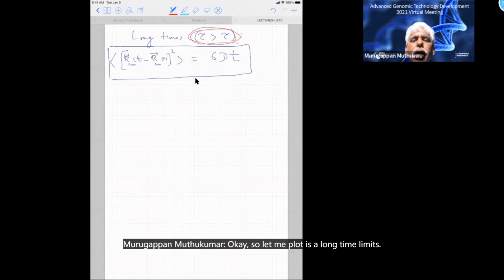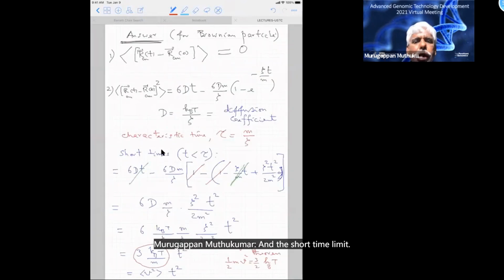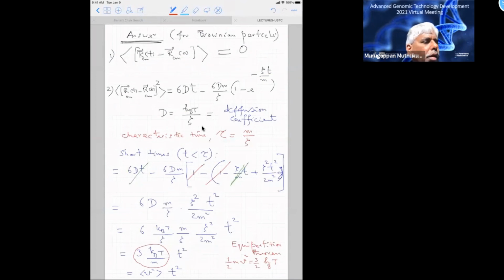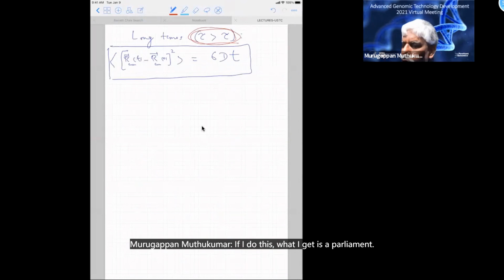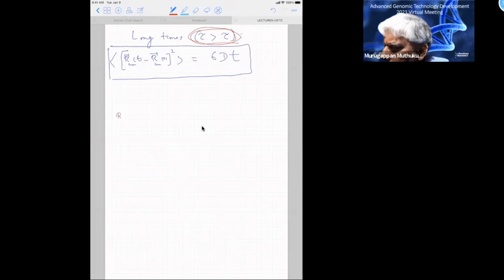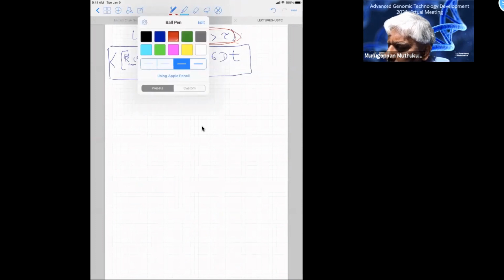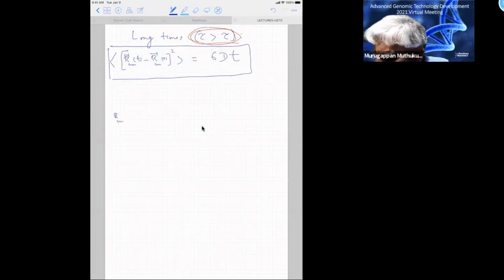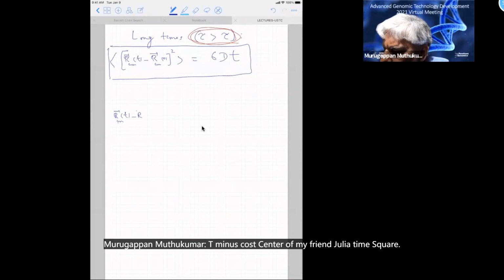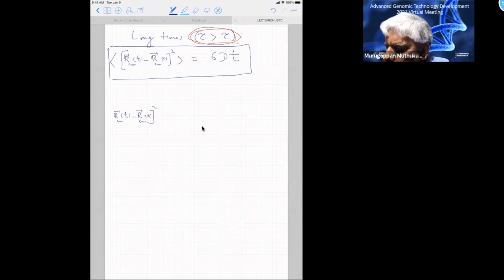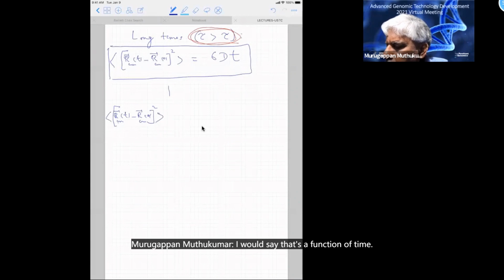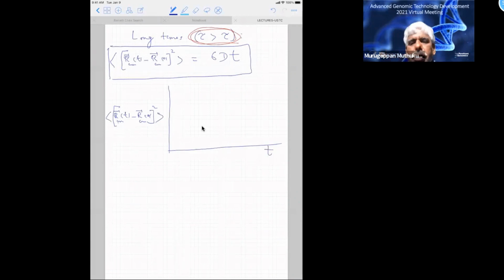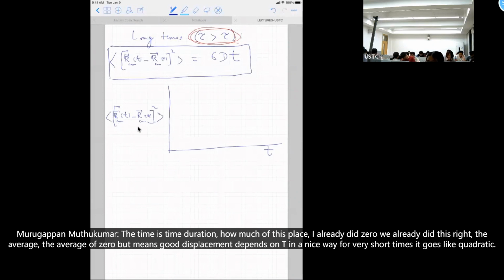Okay, so let me plot this long time limit and the short time limit together, given by this formula. I plot the mean square of R center of mass at t minus R center of mass as a function of time, the time duration over which it has displaced.